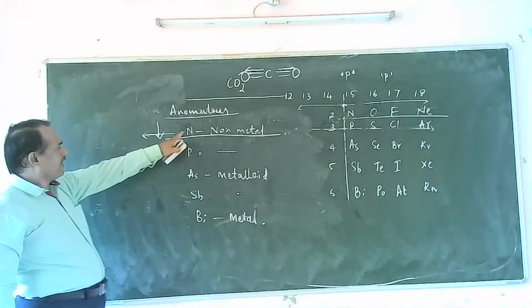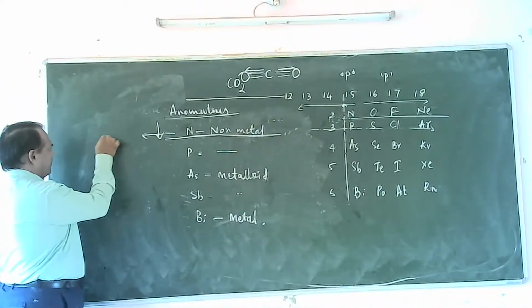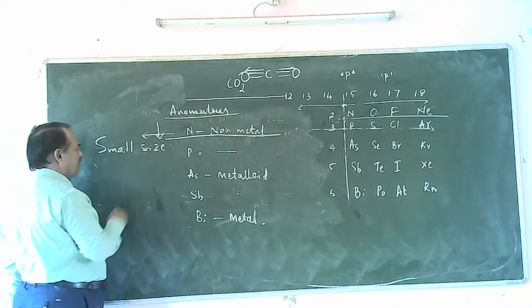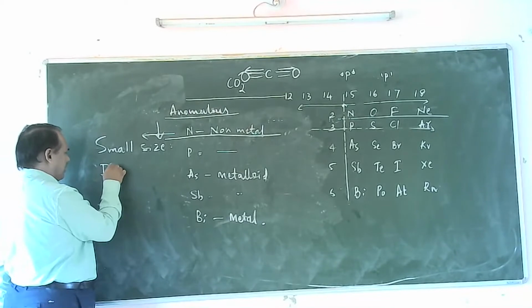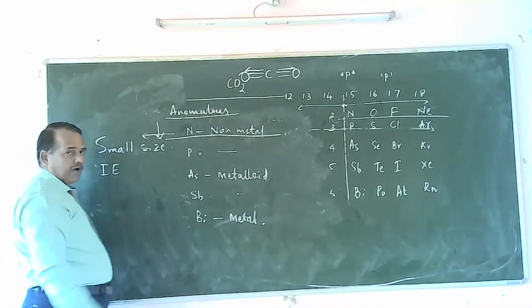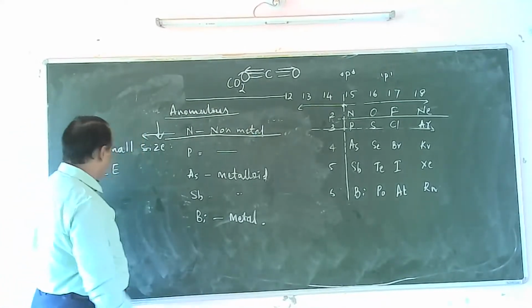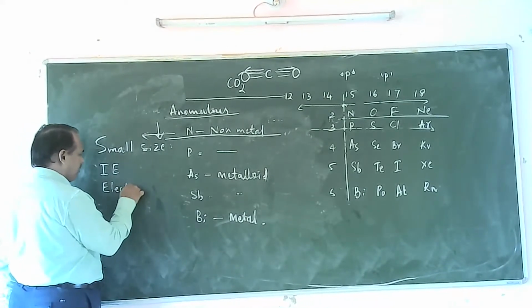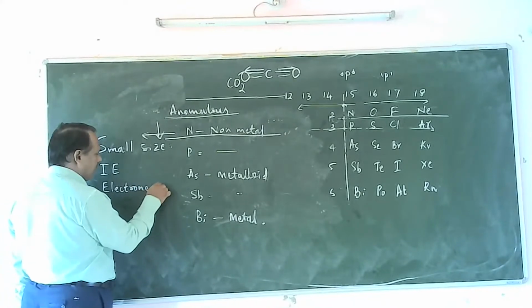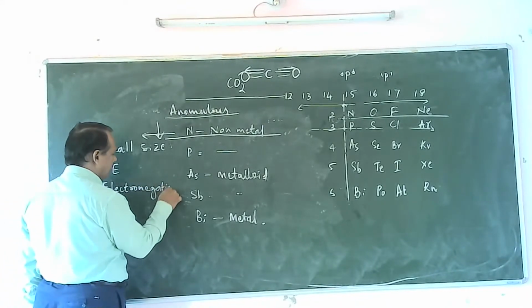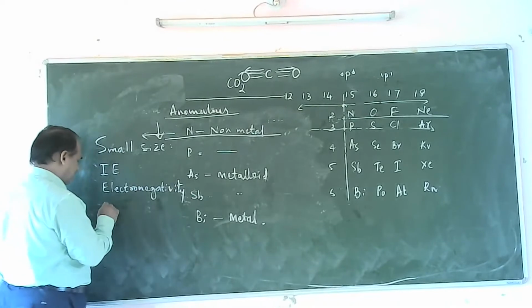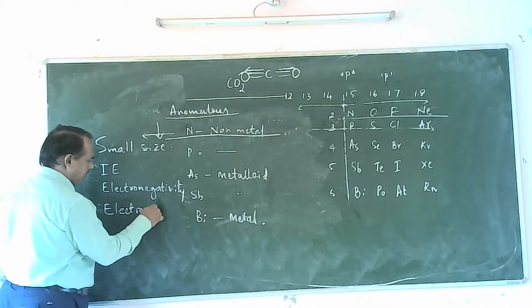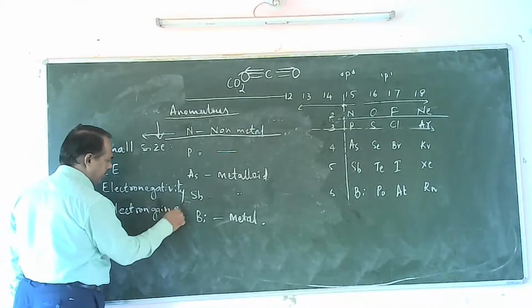Nitrogen has small size, high ionization enthalpy, more electronegativity, and more electron gain enthalpy.